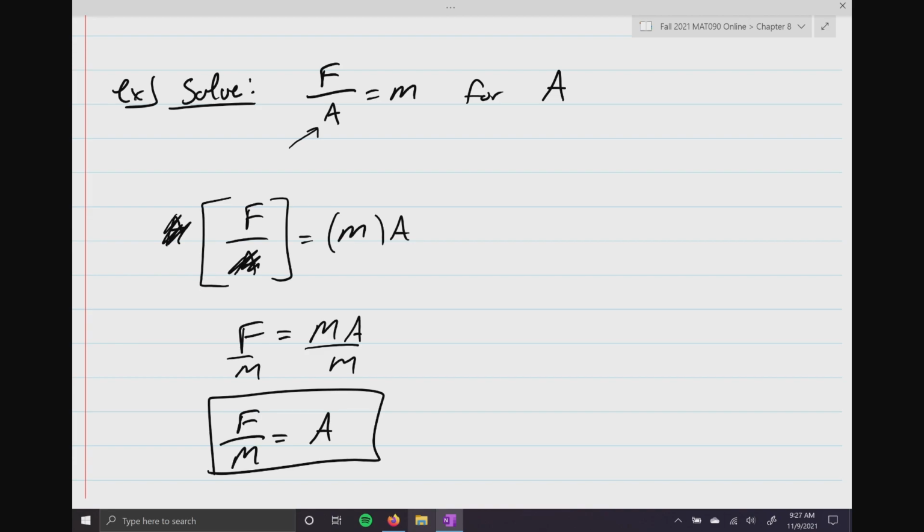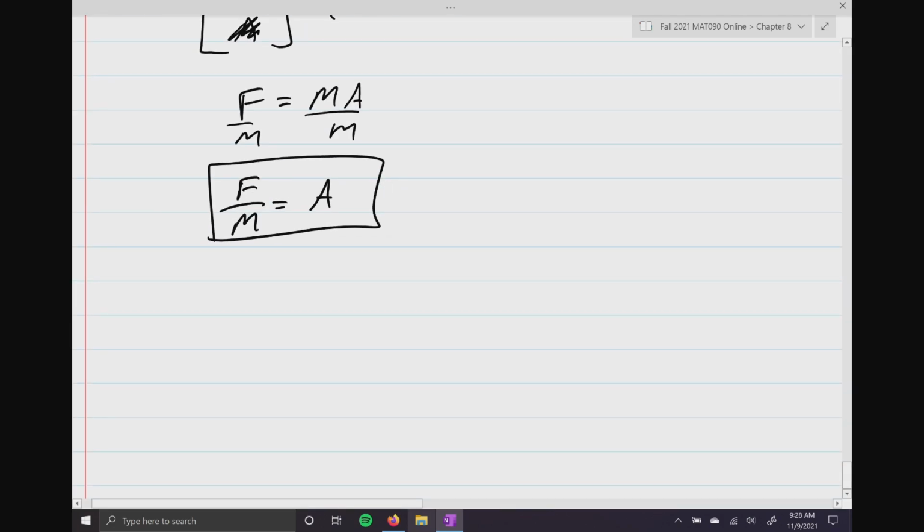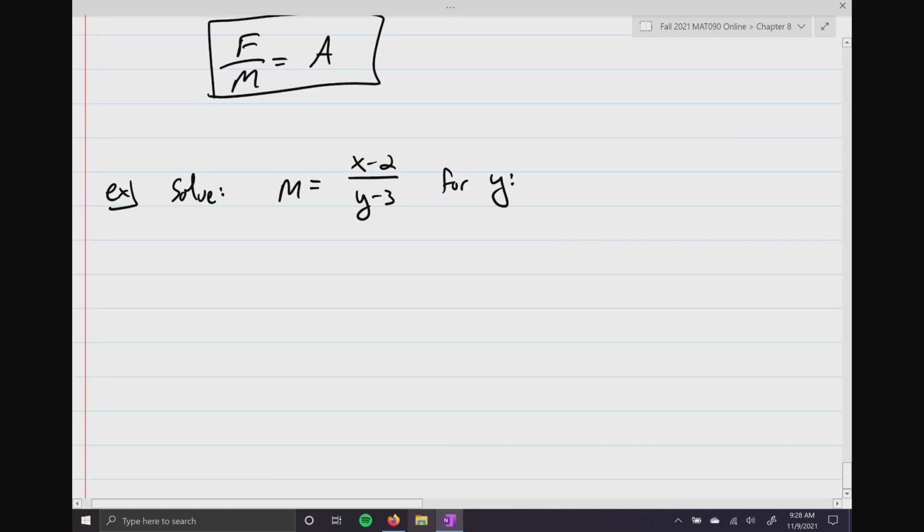These last couple problems are just going to be solving for a variable. Nothing crazy. So let's try another one. Solve m equals x minus 2 over y minus 3 for y. You got to take a step back and look, your y's in your denominator.